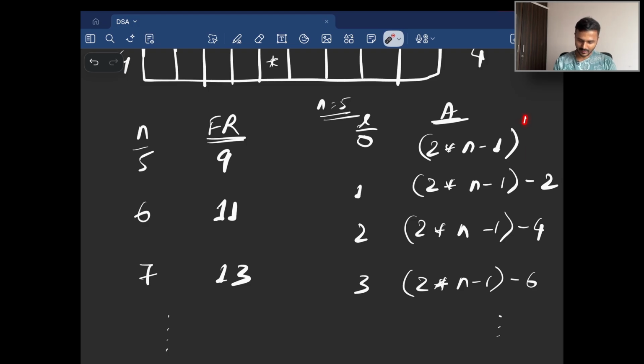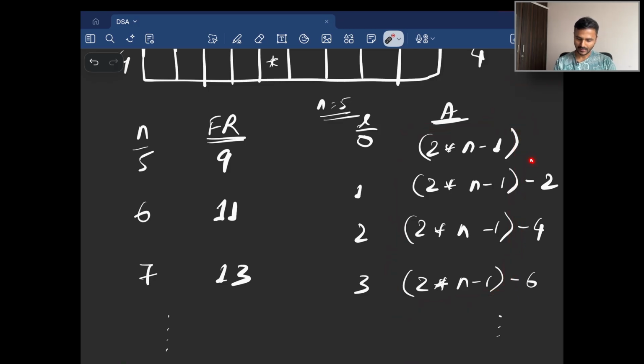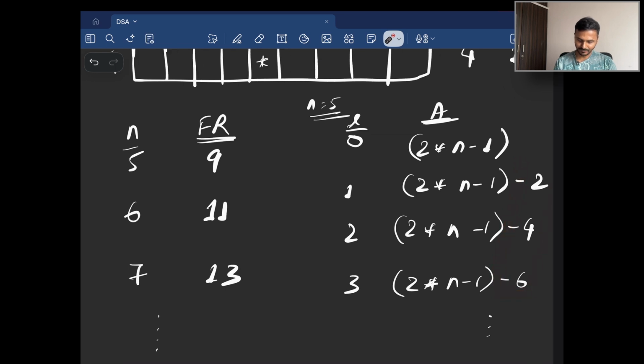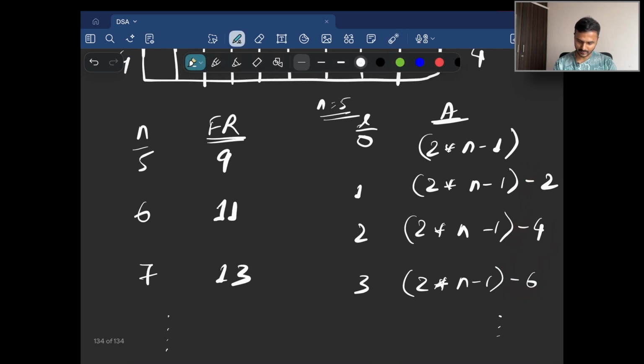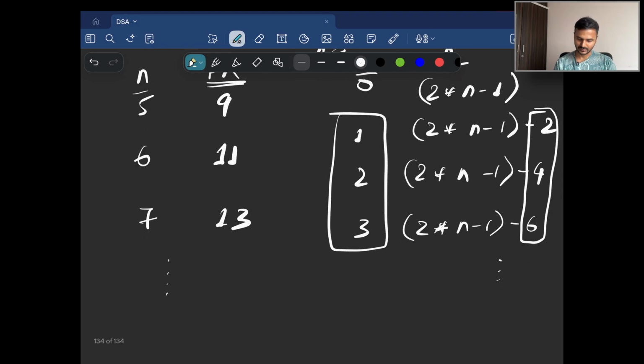So this part of the expression is constant. This is just 2n minus 1, right? But this part is changing. So if we take a look at this part and compare it with the value of i, we would notice a clear pattern. That is, this part is just twice of i, right?